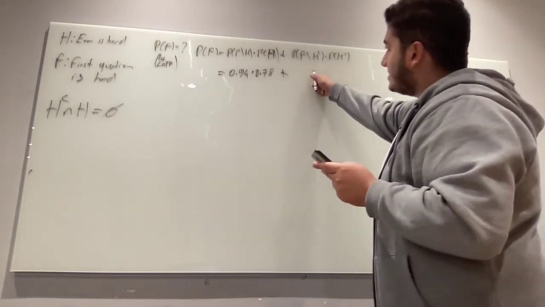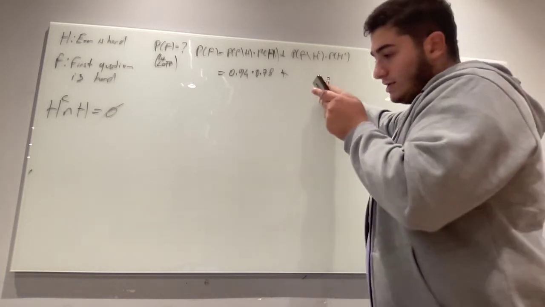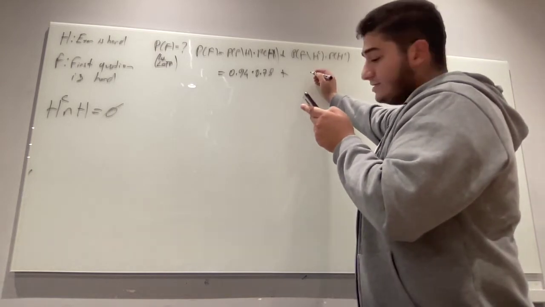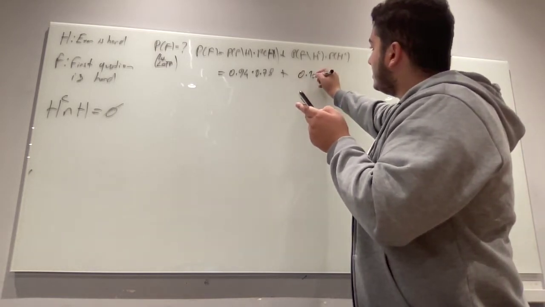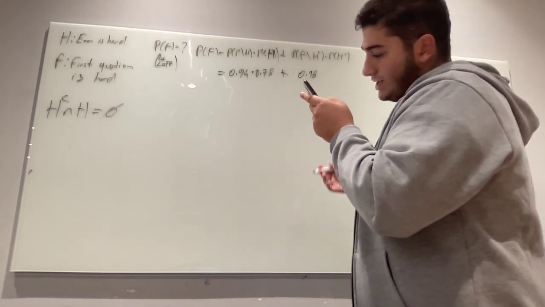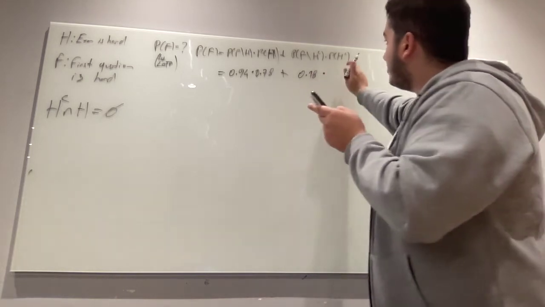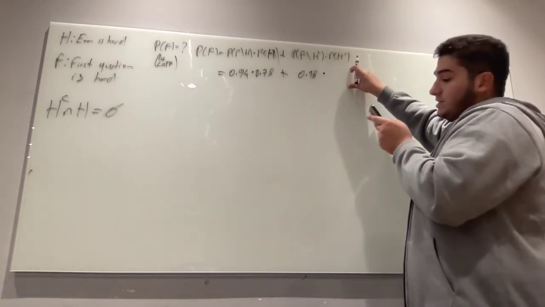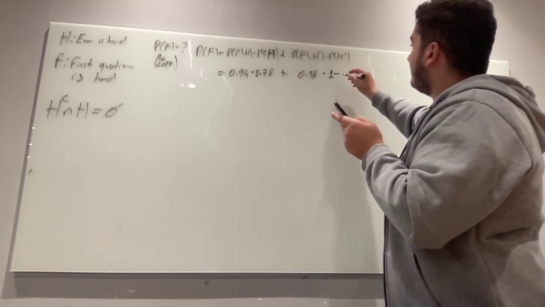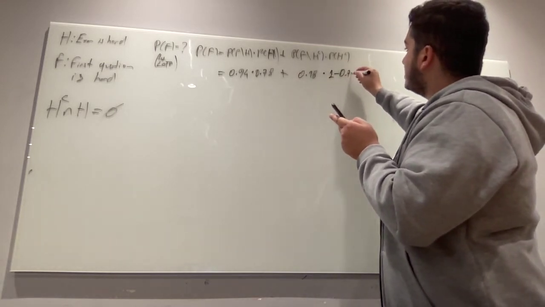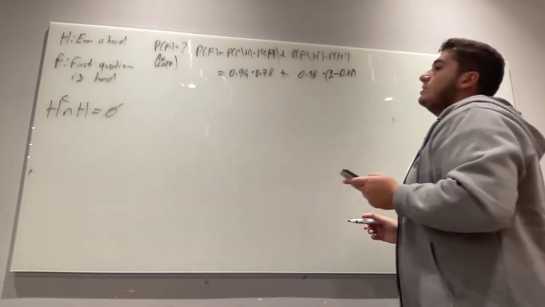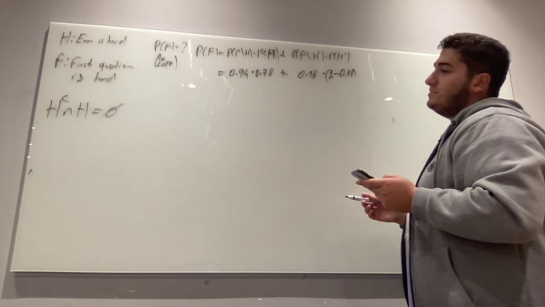what's the probability F given H complement? Otherwise means the exam is easy, so it's 0.18 to be marked as difficult, times probability H complement, which is 1 minus 0.78, because they constitute a partition.